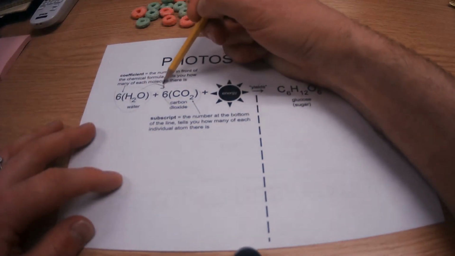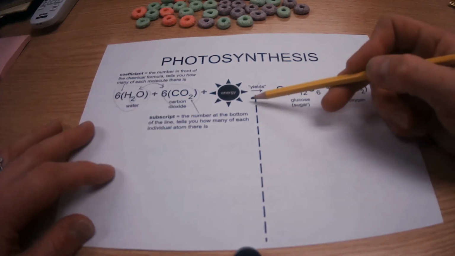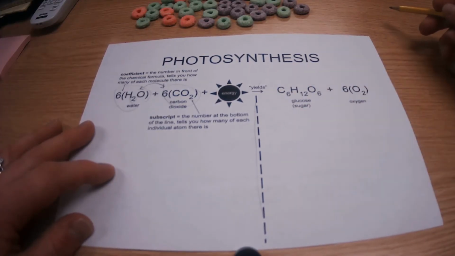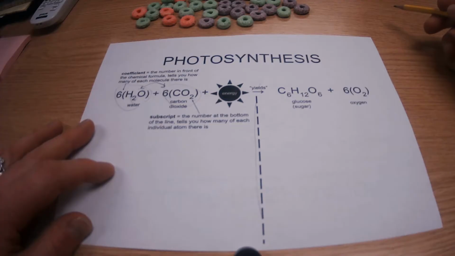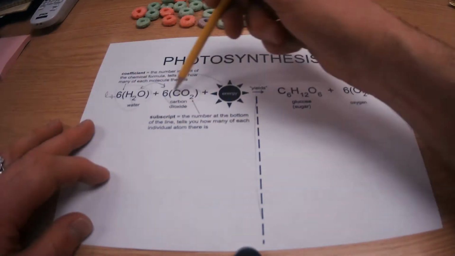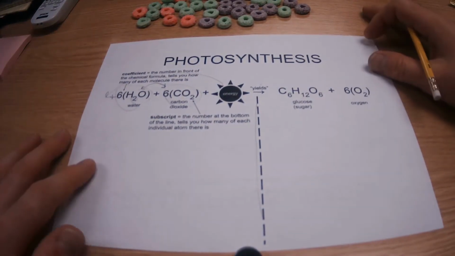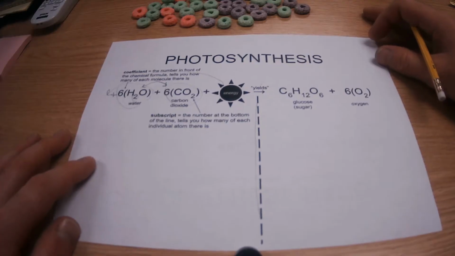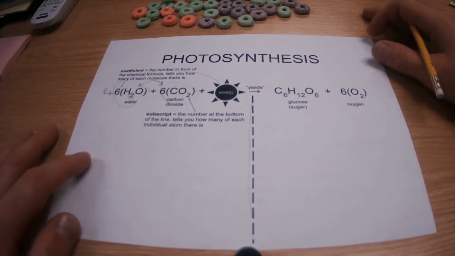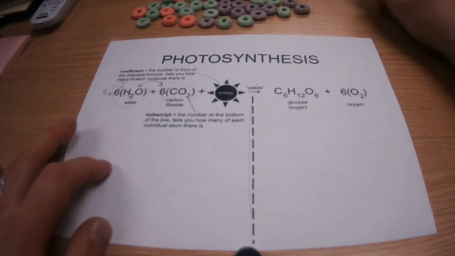These two could be switched so long as they're on the left side of that equation. Does that make sense? This energy could be over here. Basically, the reactants just have to be included. Now, when you get into higher level chemistry classes, there will be an order that you put them in, but we are not concerned with that whatsoever right now. Okay? All right, so let's build some molecules.